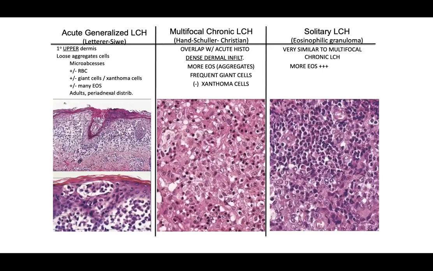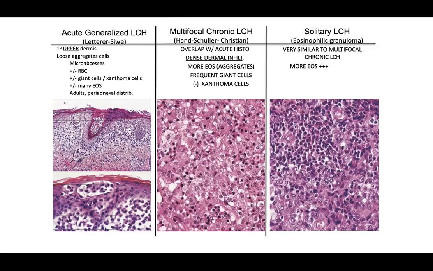So kind of comparing some of these side by side, acute generalized Langerhans cell histiocytosis, we don't have the Hashimoto-Pritzker on the screen here, but going back to the previous types of LCH that we talked about, Letterer-Siwe, you're going to see that mostly in the upper dermis. You're going to see loose aggregates of cells, microabscesses of Langerhans cells, which can be seen in contact dermatitis as well.